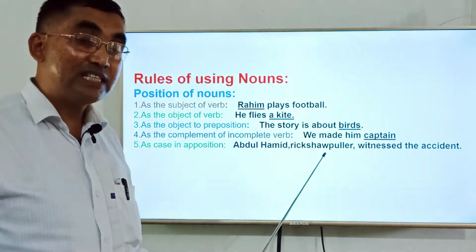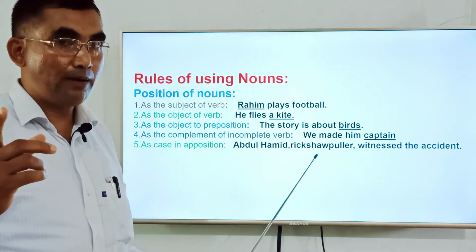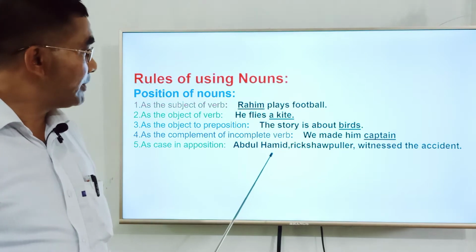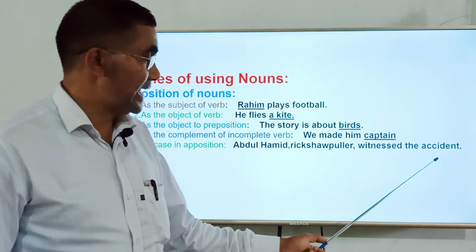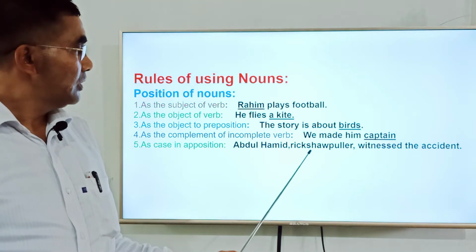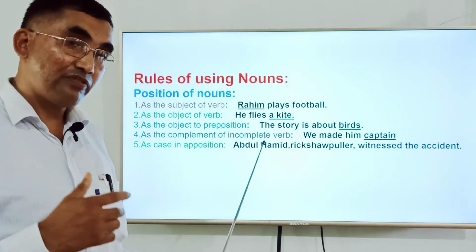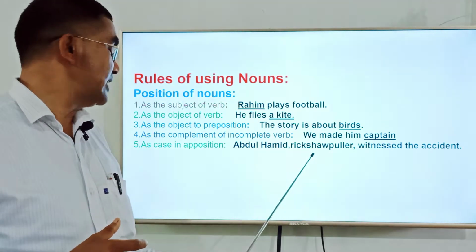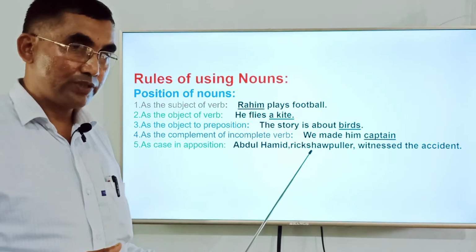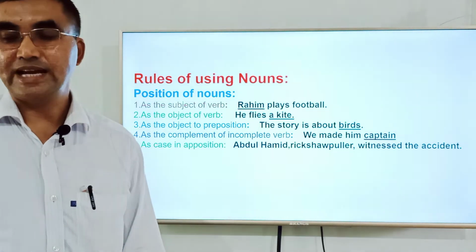Then the second noun is generally known as a case in apposition or appositive. Here, in Abdul Hamid, rickshaw puller, witnessed the accident, rickshaw puller is the second noun, which has given extra information about the first noun. So, rickshaw puller is the case in apposition. So, we have already known the above functions of nouns in sentences.